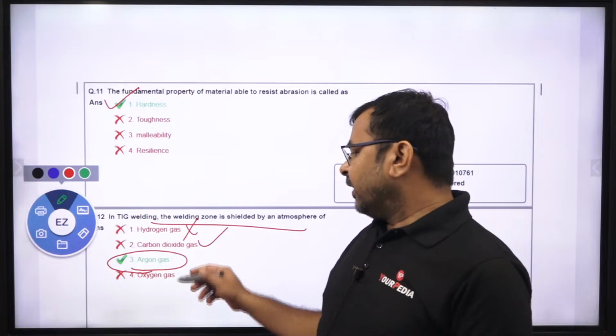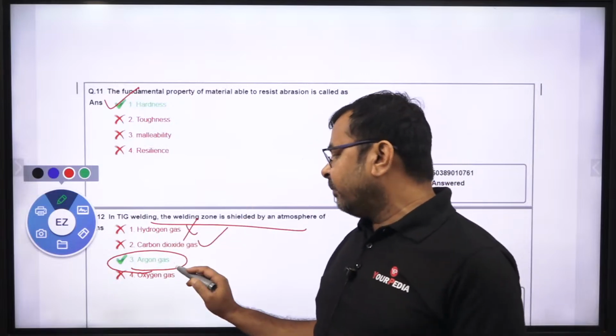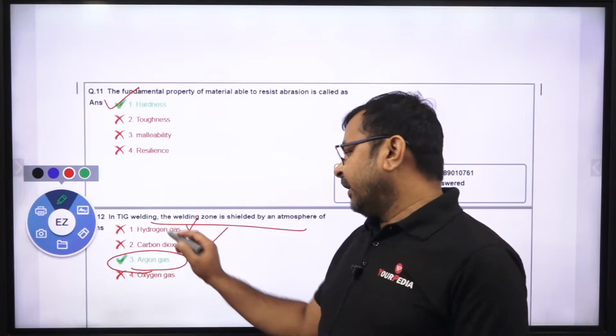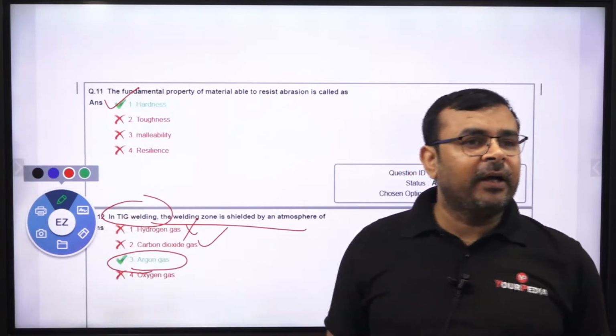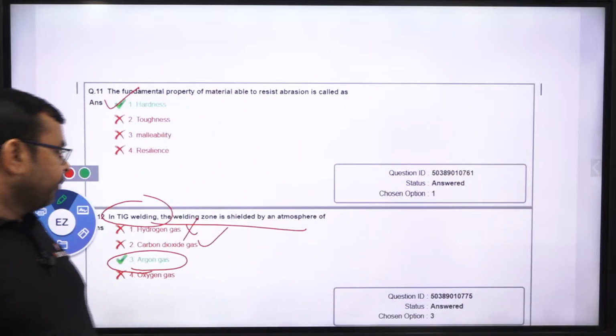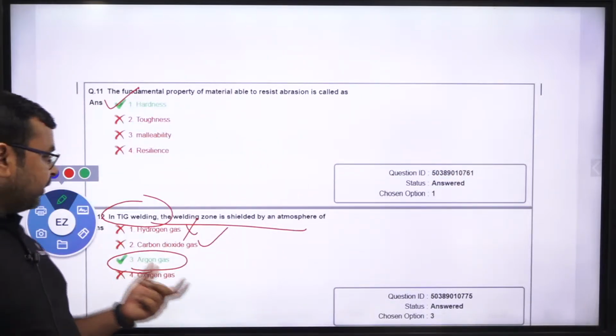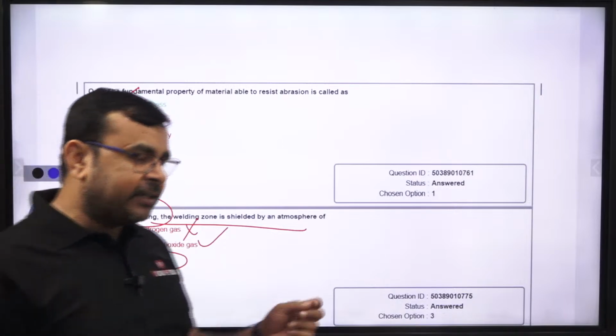In some metals we can also use it, but in most welding we use argon gas. The TIG welding was developed primarily for the welding of aluminum alloy. As we know, aluminum is very prone to react with oxygen and makes oxides.